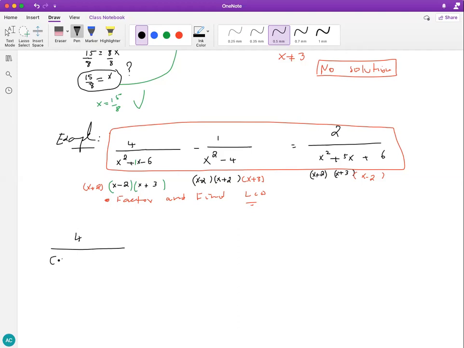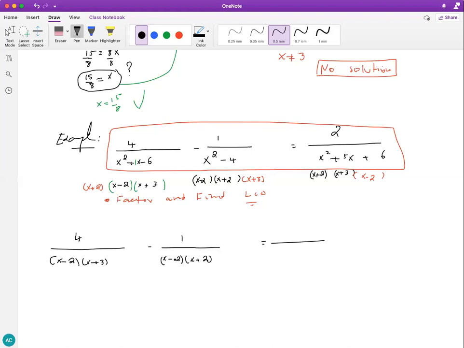So we're going to have x minus 2, x plus 3. Again, I'm just rewriting this. x minus 2. It's a long one, but nothing too crazy about it.